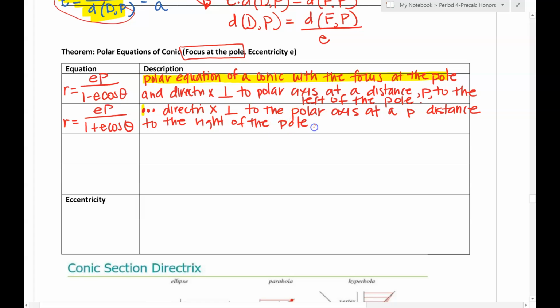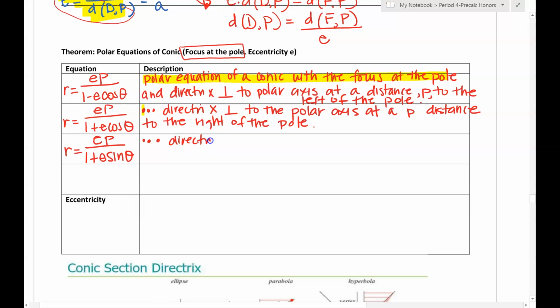Okay. Next, we are going to take care of the sine. R equals E times P divided by 1 plus E sine of theta. And again, we're going to do dot, dot, dot, and we'll start with the directrix.